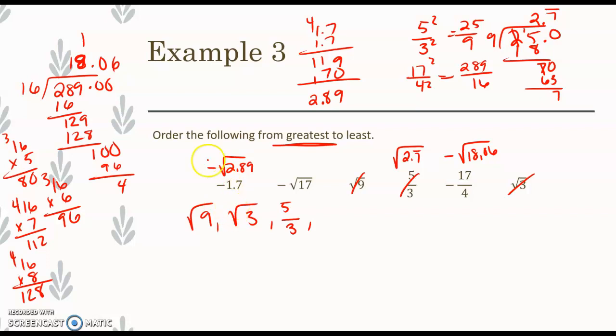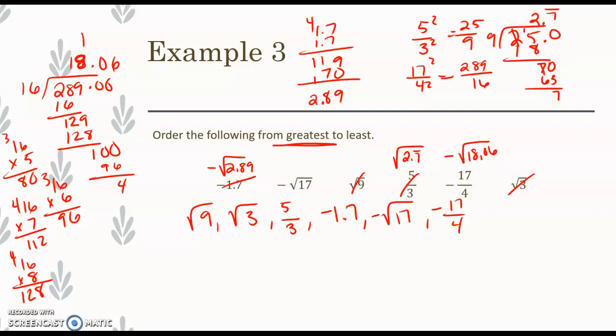Those are going to be our bigger ones. So negative square root of 2.89 is our next smallest, so that's a negative 1.7. And then negative 17 is bigger than negative 18, so we've got a negative square root of 17. And then negative 17/4. And that is our order from greatest to least.